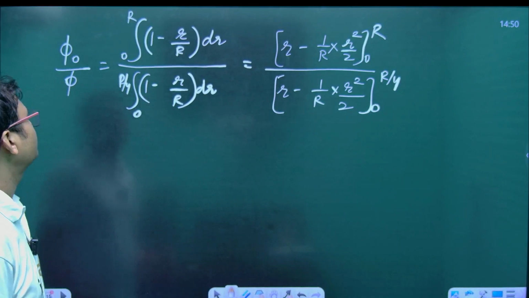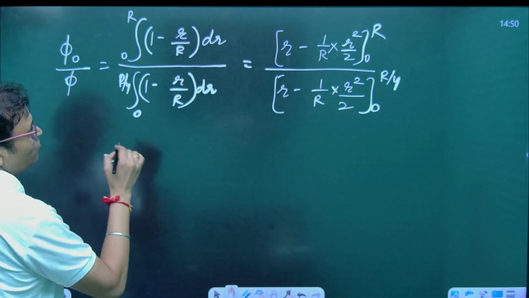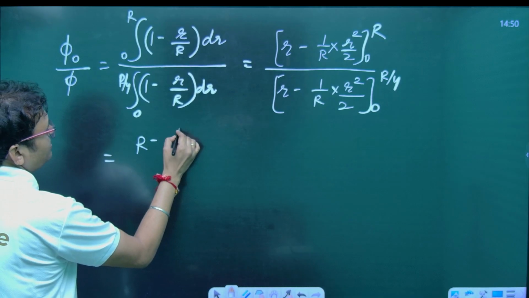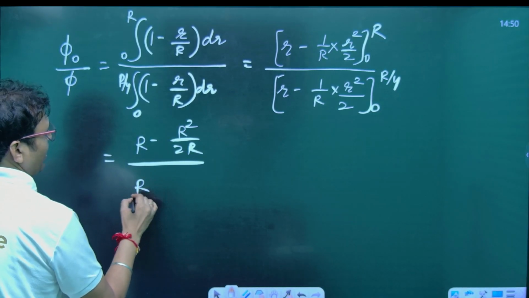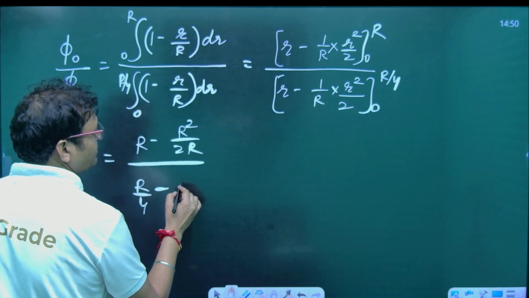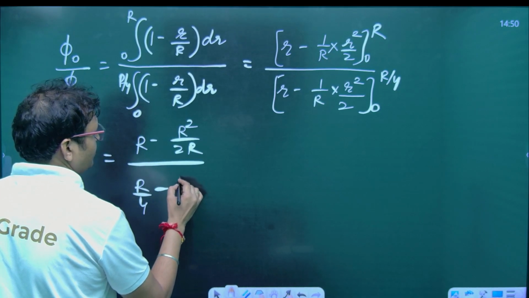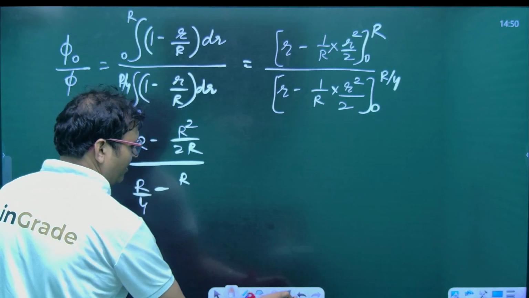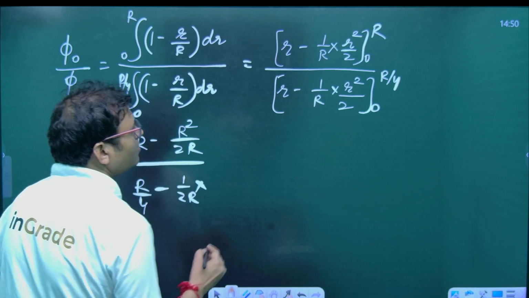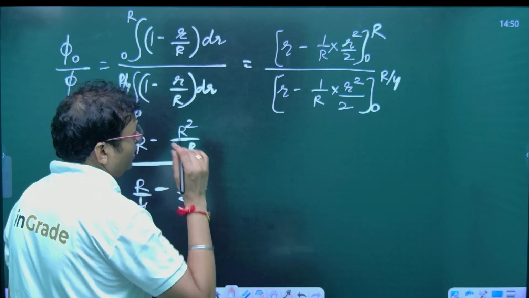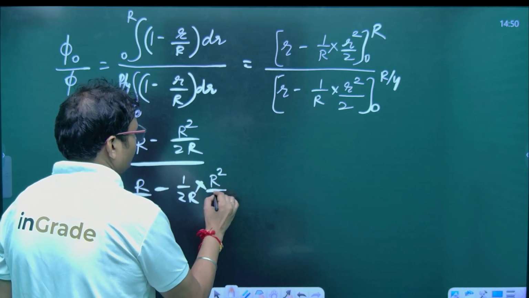That will give rise to R minus R square by 2R upon R by 4 minus 1 by 2R into R square by 16.